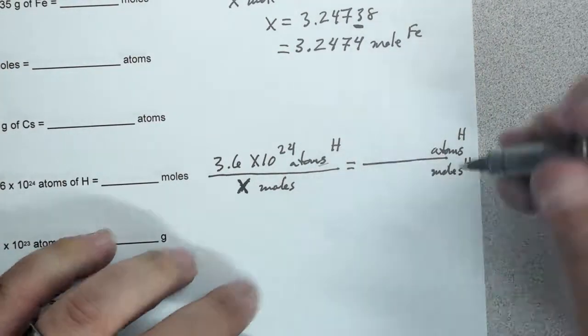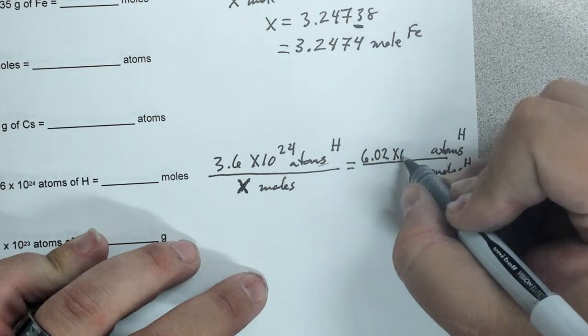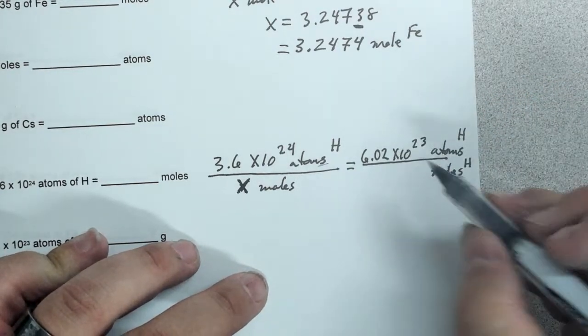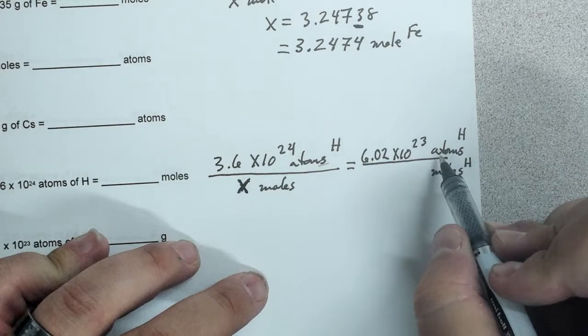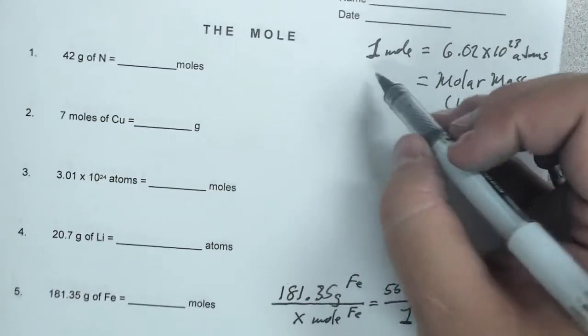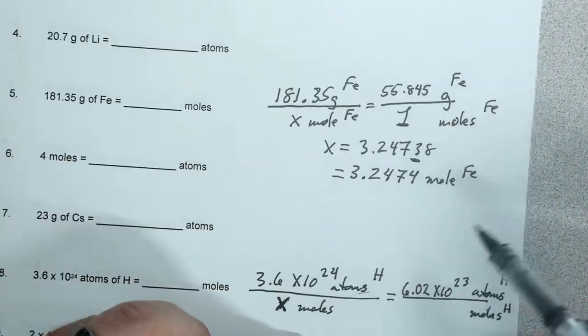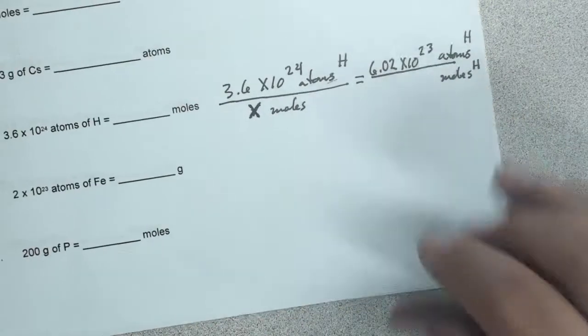Every time I see atoms, that number 6.02 times 10 to the 23 is always attached to the word atoms. When I see the word moles, moles is always going to be across from the number 1. Because what I'm doing is I'm comparing my numbers together.